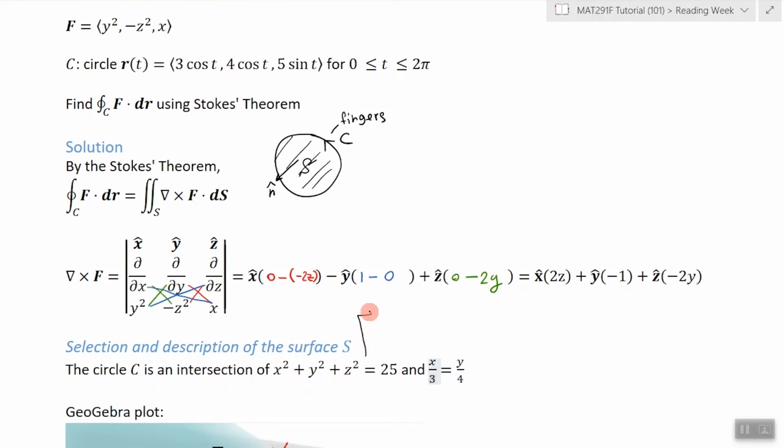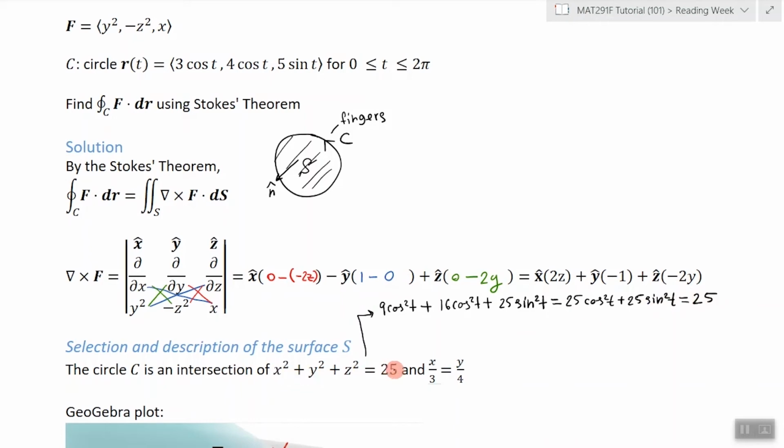Let me demonstrate. For x squared, I get 9 cosine squared t. Then plus y squared, so I have 16 cosine squared t, plus 25 sine squared t. This is equal to, these two terms give me 25 cosine squared t, and then plus 25 sine squared t, and this is equal to 25.